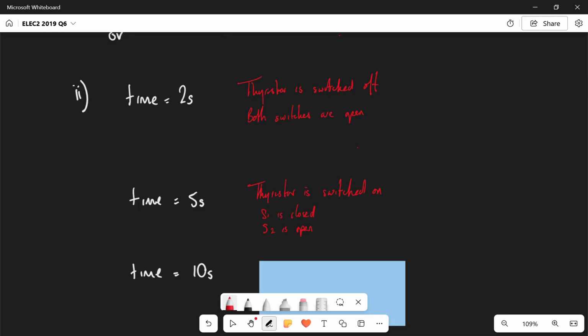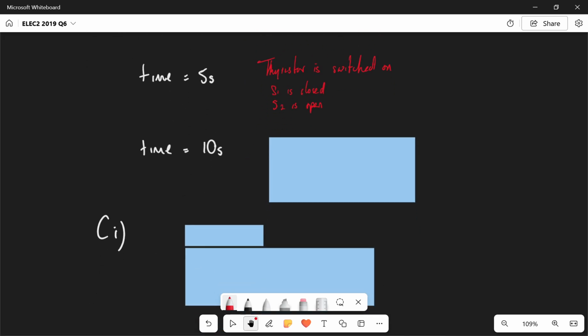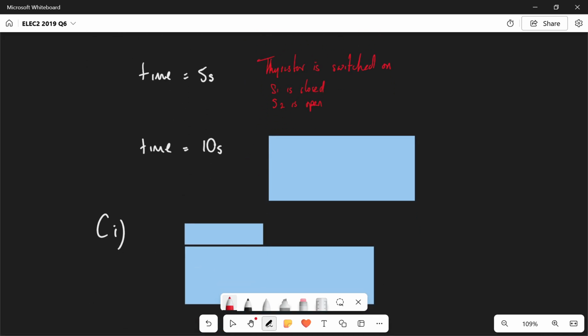The only switch that can switch the thyristor on to help us exceed the minimum gate current and voltage is S1, so that must have been closed. At the same time, S2 must be open because the way in which the circuit works is you've got to have S2 open and S1 closed in order to switch on the thyristor. Okay, what about for 10 seconds then?